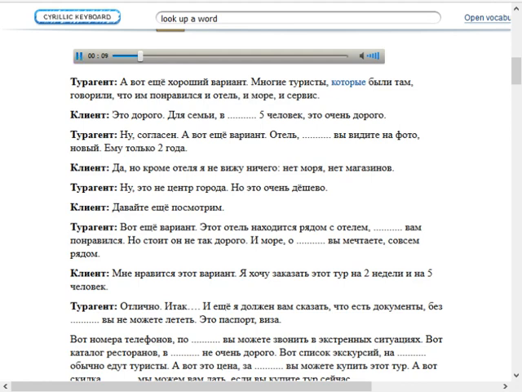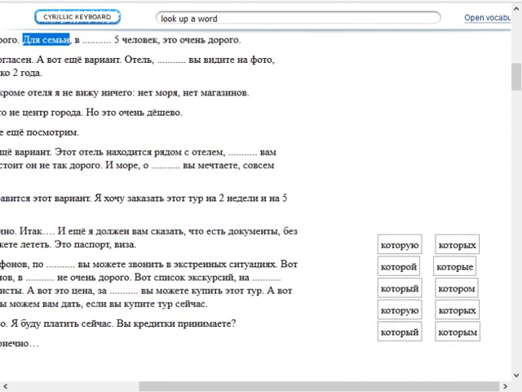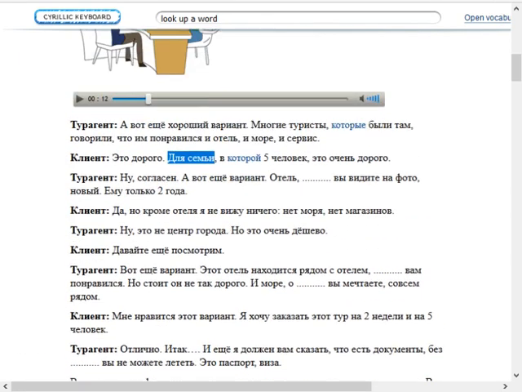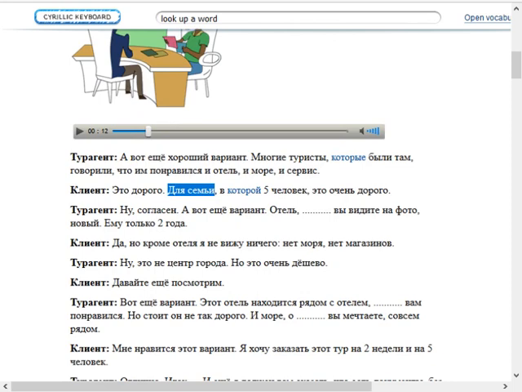Это дорого. Для семьи, в которой 5 человек, это очень дорого. So, это дорого. It's expensive. Для семьи, for a family. And here it's в которой 5 человек, это очень дорого. For a family in which there are 5 people, it's very expensive. So here again, we see the use of which as a relative word. And what form of который?